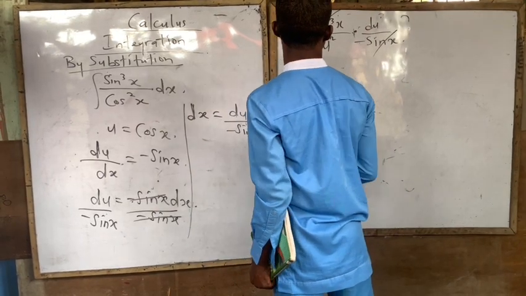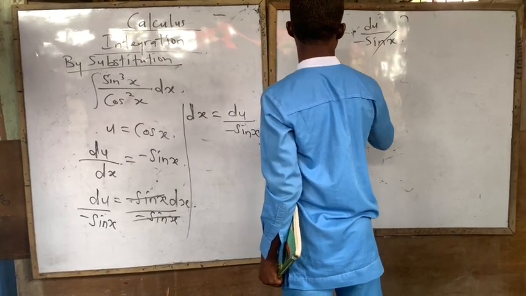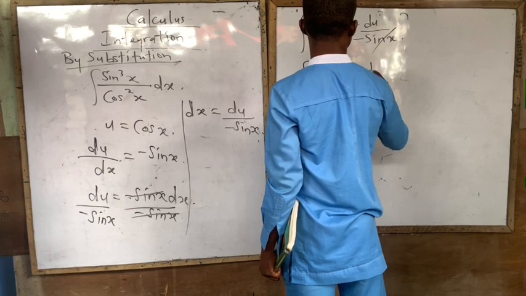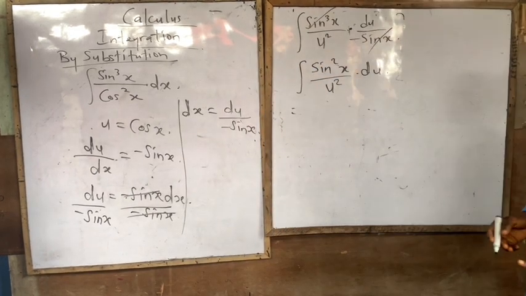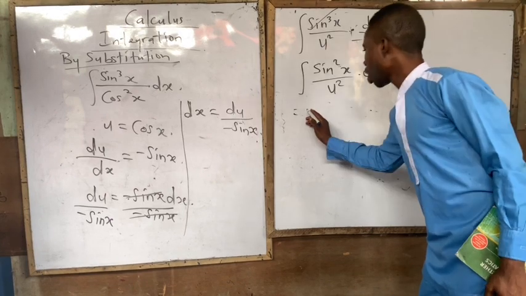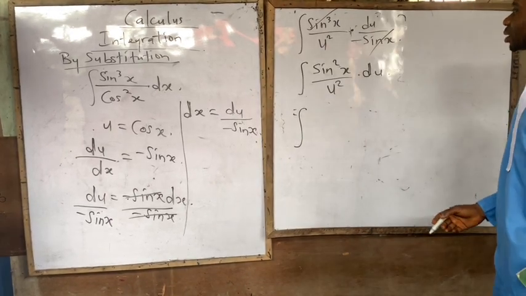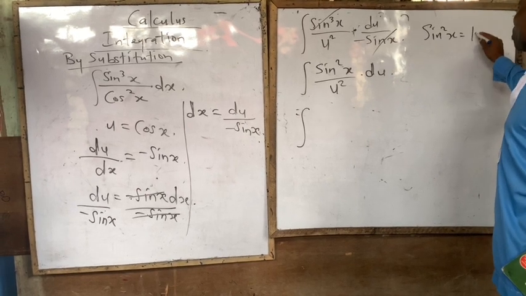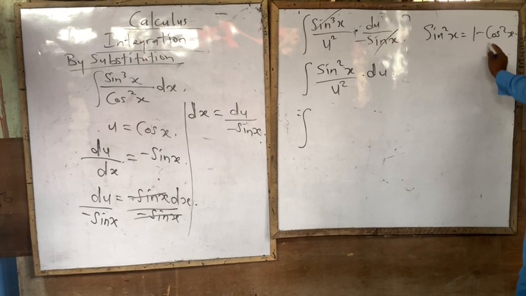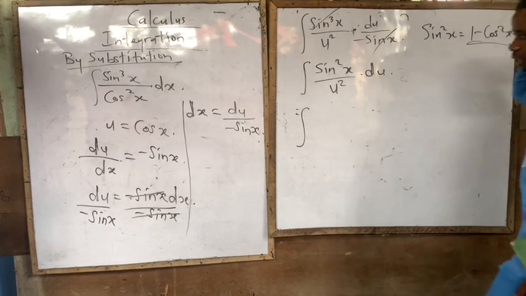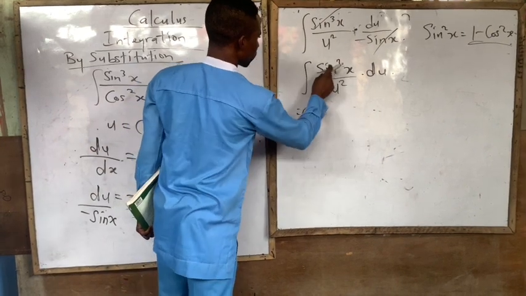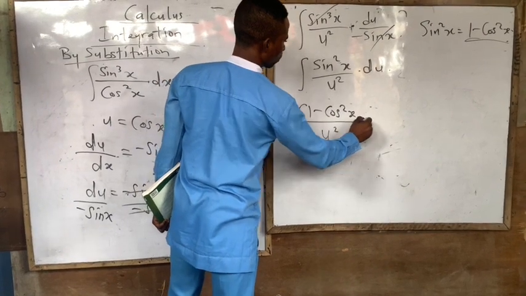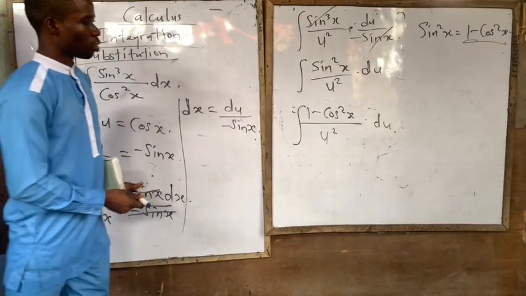That means the integral of sine square x all over u squared multiplied by du. Now, when we have this, we know in our trig identity that sine square x equals 1 minus cos square x. So I can just say sine square x is 1 minus cos square x all over u square multiplied by du.